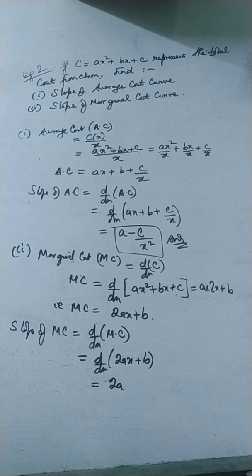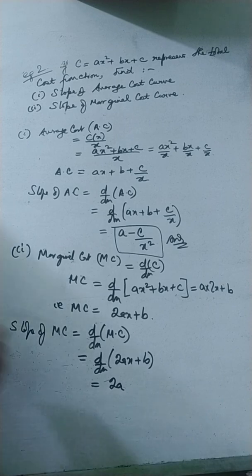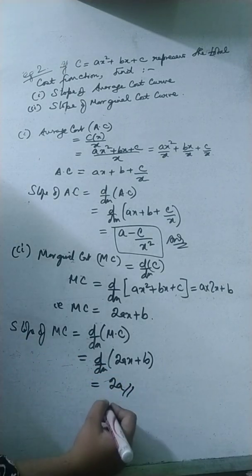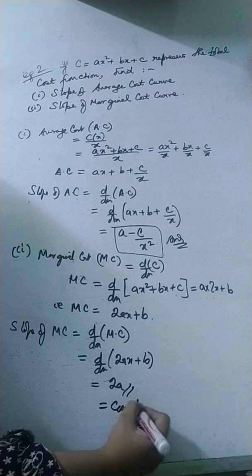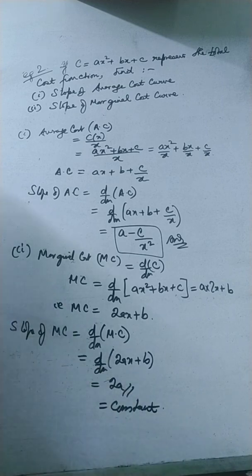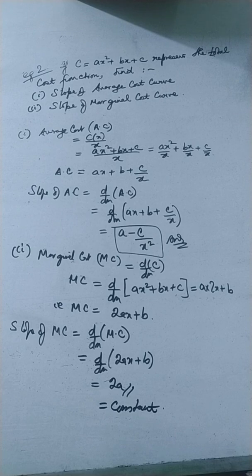So this one we got is the slope of MC. In fact, notice the slope of the MC curve is always constant, isn't it? In this case, the slope of the MC curve is constant. It didn't ask you to show that it is constant, but this is your observation. You can write it if you want.